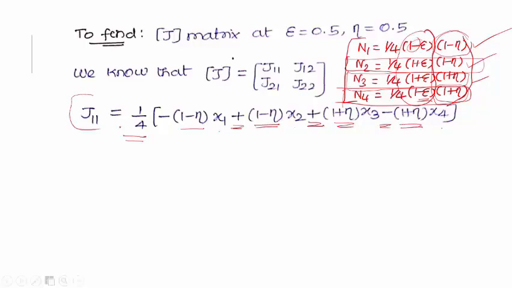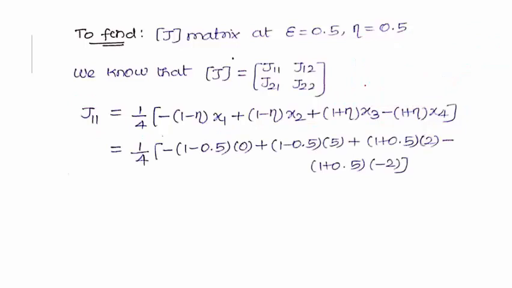In the present case, the Jacobian matrix has been asked to evaluate at point 0.5, 0.5, so the epsilon and eta values are 0.5. The coordinate positions of the quadrilateral element are given in the problem. By substituting the given values in the formula, we can calculate J11, that is the first component of the Jacobian matrix, as 2.125.